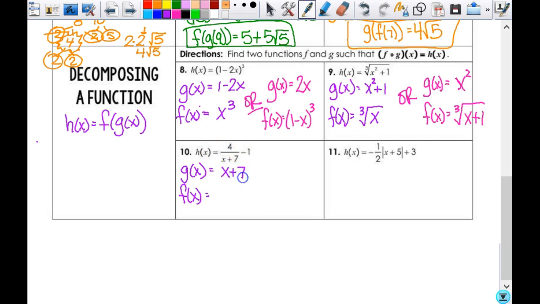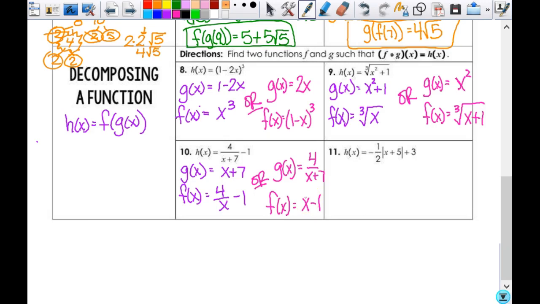If this is x plus 7, then what would this have to be? 4 over x and then minus 1. Yes. All right, so we got another option. Or what if my g of x was 4 over x plus 7? If that's my g of x, what's f of x? Close. Just x. This whole thing would substitute in for the x, so it would just be x minus 1. You see how we just take that and replace that x? And then I can use that one. Okay? We good with that?